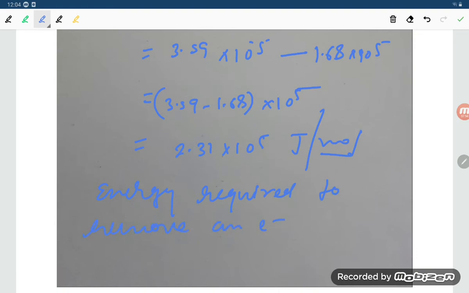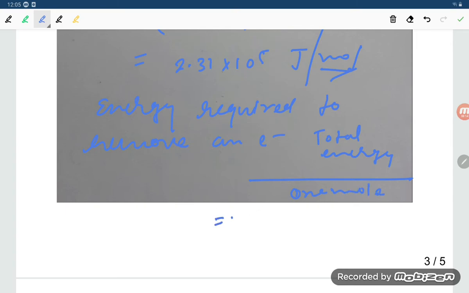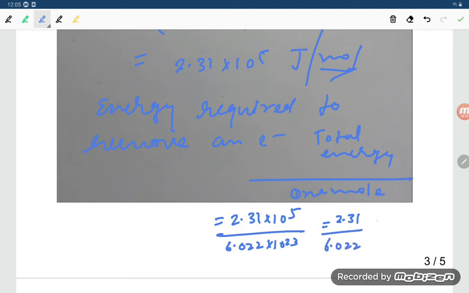We can apply the total energy divided by 1 mole, because here it is per mole of electrons. The total energy we got is 2.31 into 10 power 5, divided by 1 mole, 6.022 into 10 power 23. So it is 2.31 divided by 6.022 into 10 power 5 minus 23.